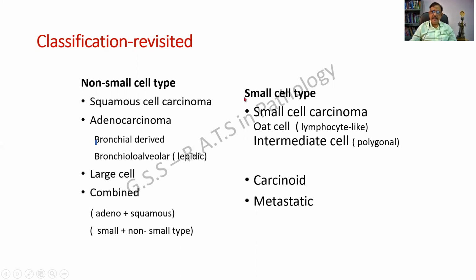There is another entity called the small cell carcinoma, in which there can be two subdivisions or types: oat cell carcinoma and intermediate type. Carcinoid is another one, and metastatic tumors. Please remember this classification. It is of paramount importance.